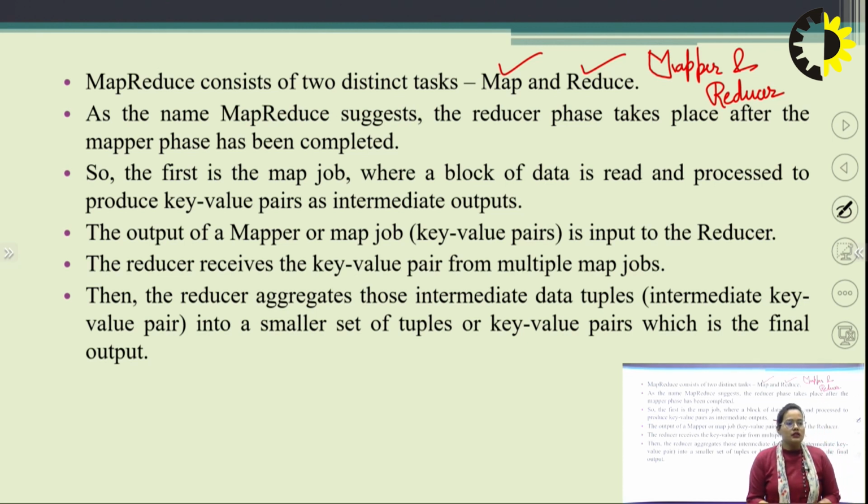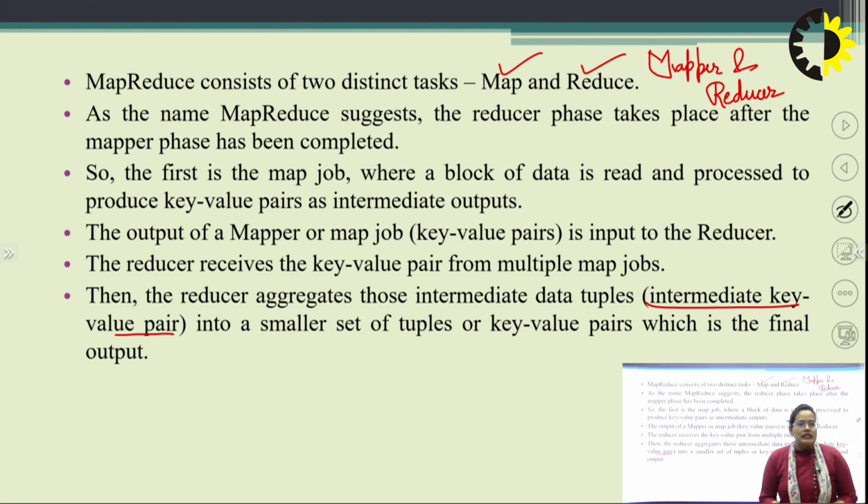The reducer receives the key-value pairs from multiple map jobs, and then the reducer aggregates those intermediate key-value pairs into a smaller set of tuples or key-value pairs, which is the final output.